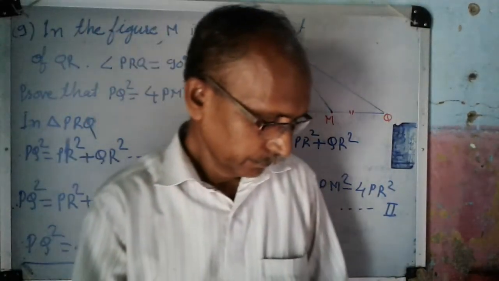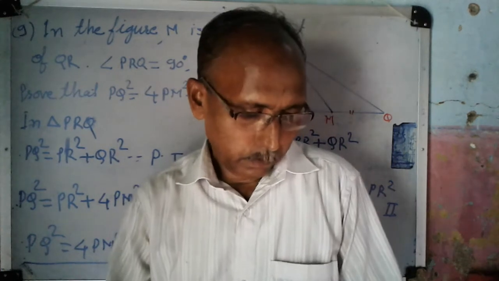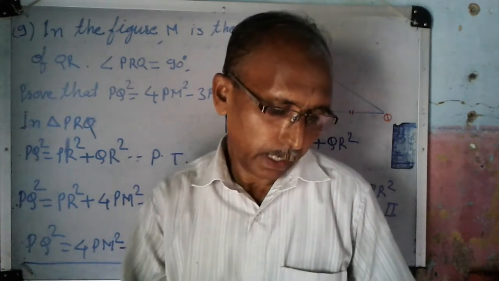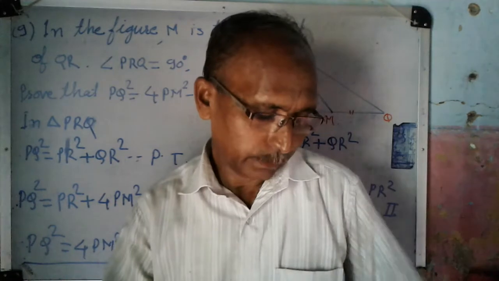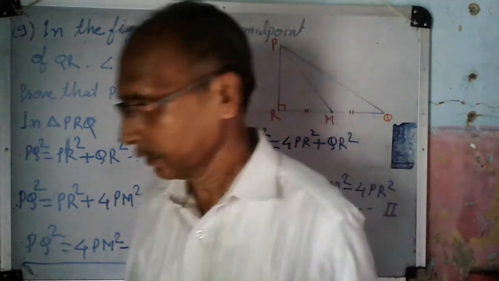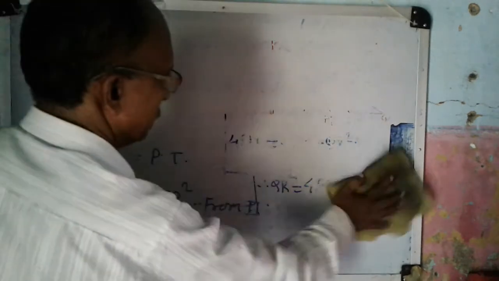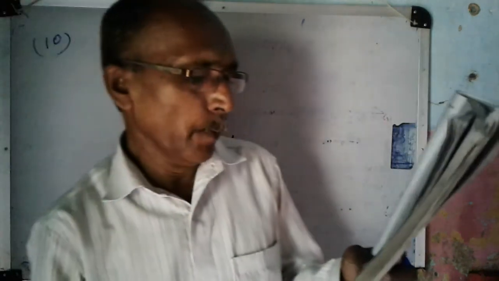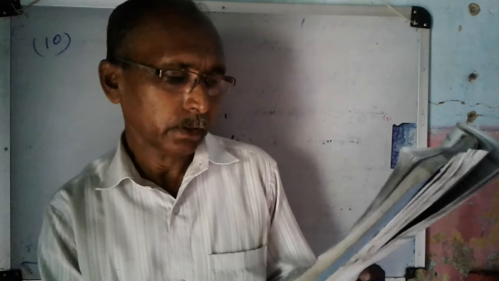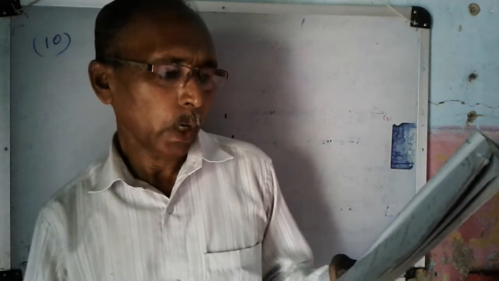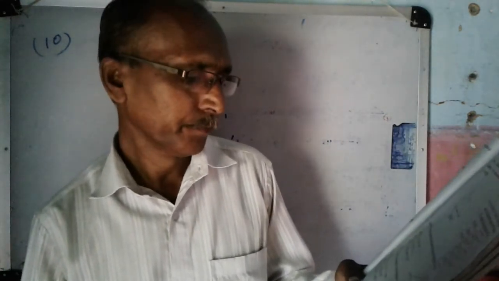So now, to solve the remaining examples, I will explain how to solve example number 10. Now see here. Example number 10. Walls of two buildings on either side of a street are parallel to each other.